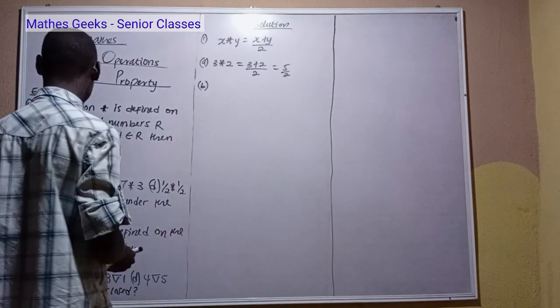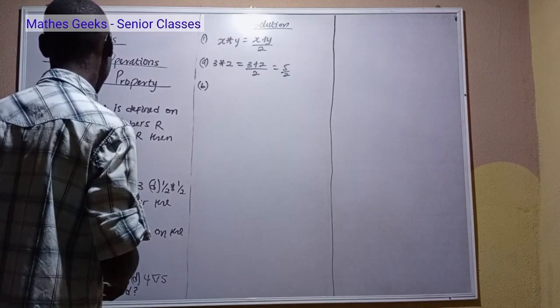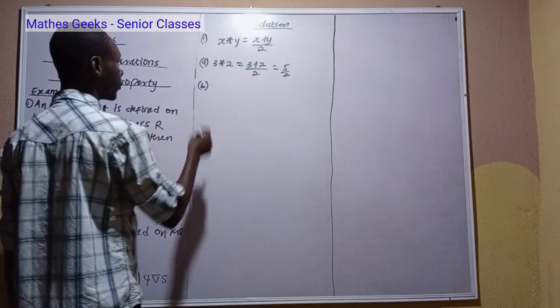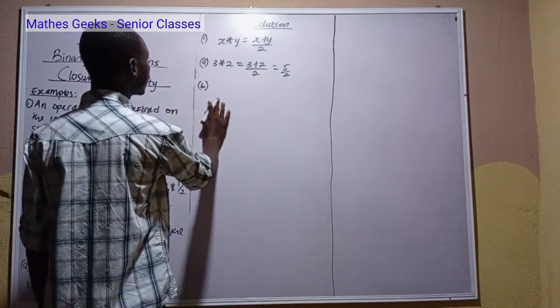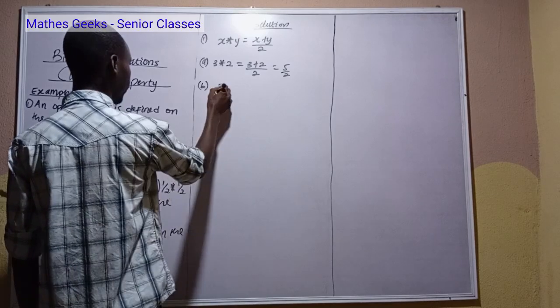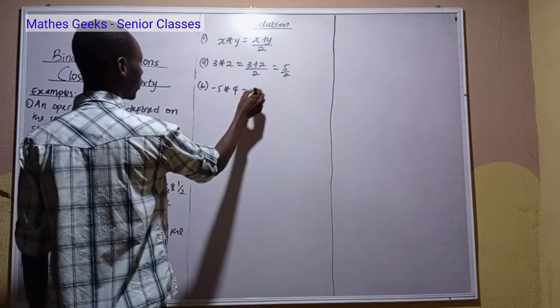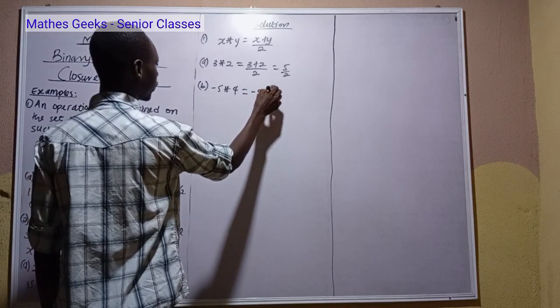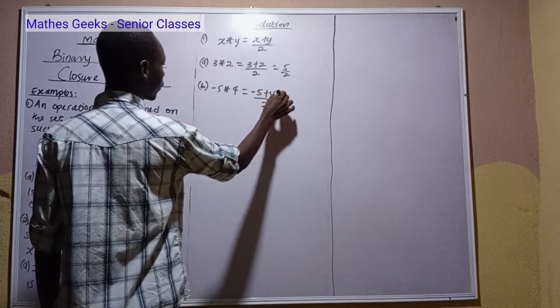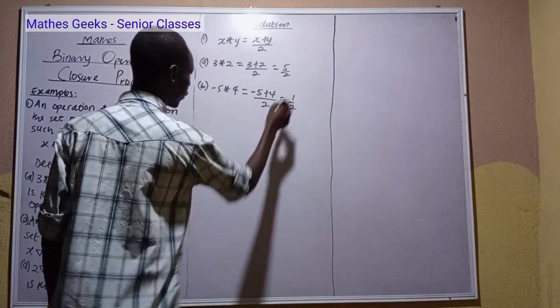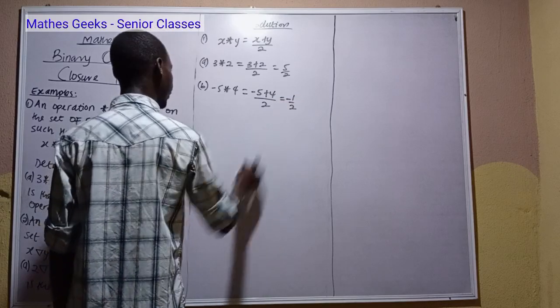B is minus 5 star 4. That's equal to minus 5 plus 4 over 2, which is minus 1 over 2.